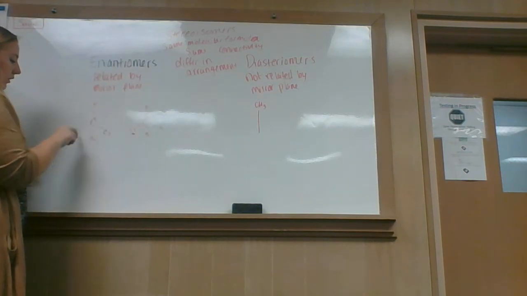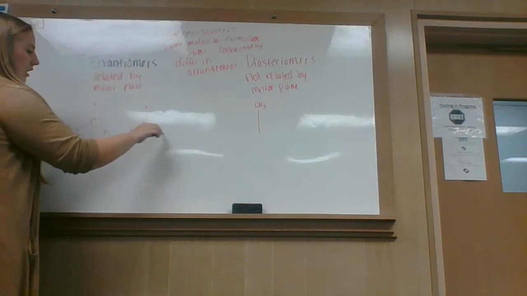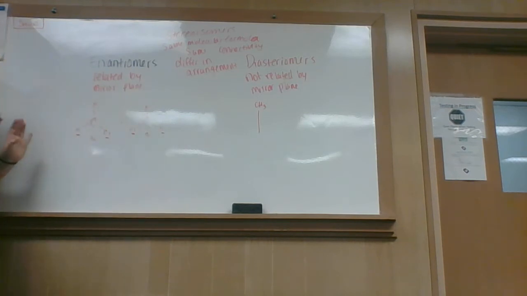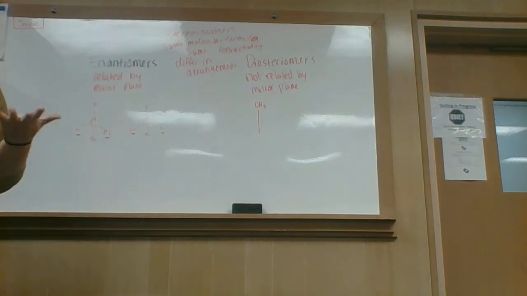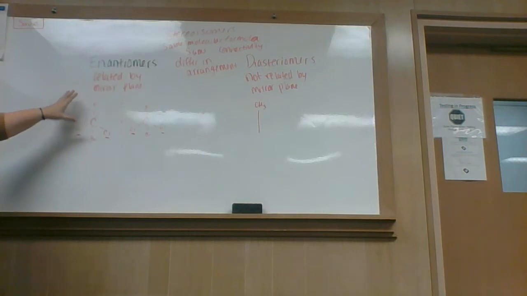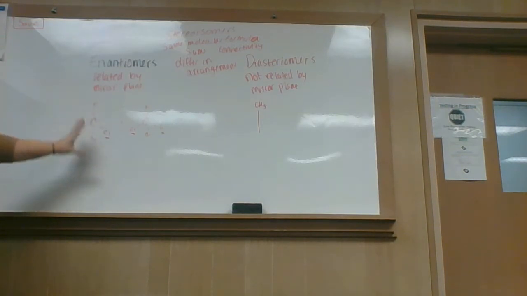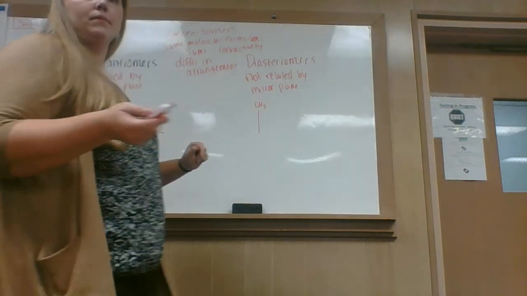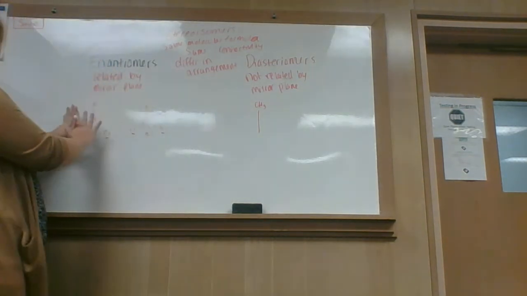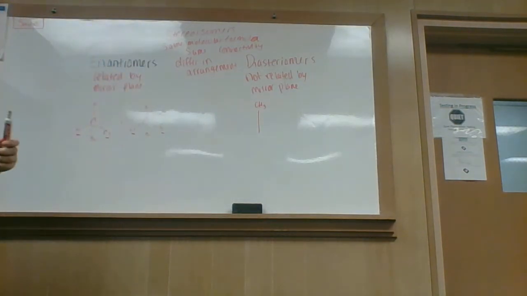This Cl would line up in front of this H, and this H would line up in front of that Cl. That's what makes them different molecules, because you can't have enantiomers that are the same molecule. So related by a mirror plane, rearranged differently in space, but they're still technically different molecules. So they're not superimposable. Is that what makes them enantiomers? Yes, and makes them chiral, perfect.